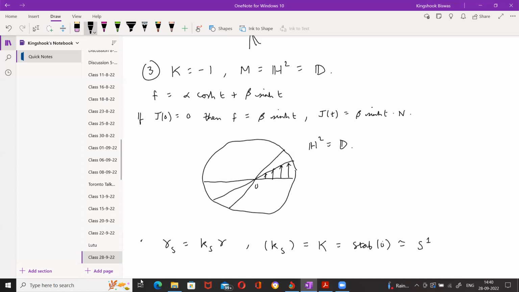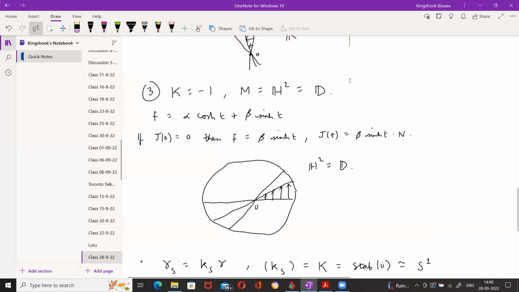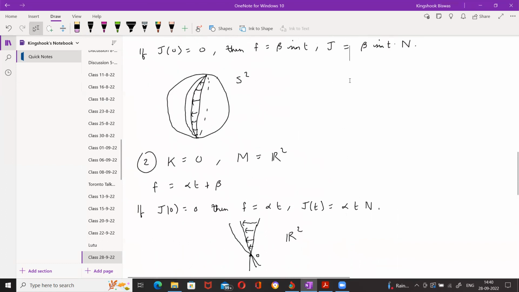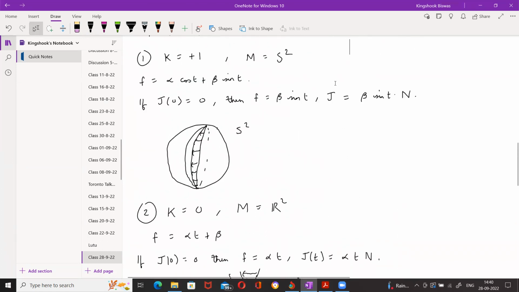So any questions about this? Are these three pictures clear? So in positive curvature, you can see the norm of Jacobi fields is actually concave.